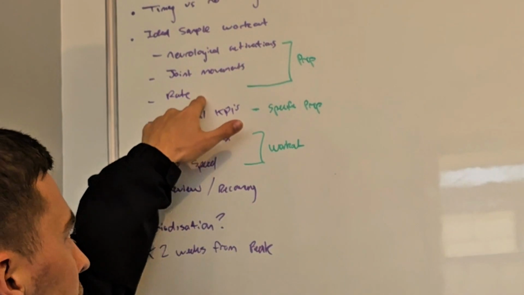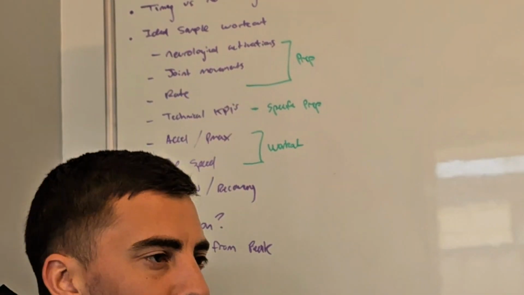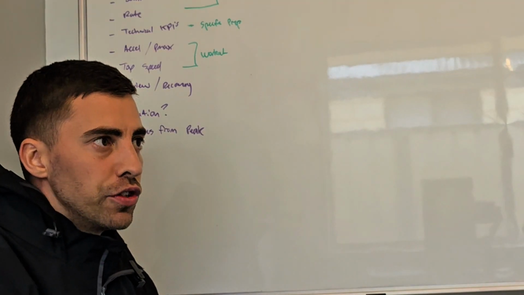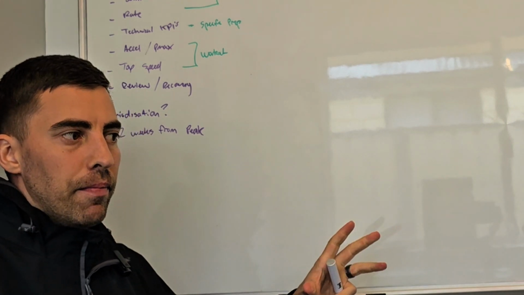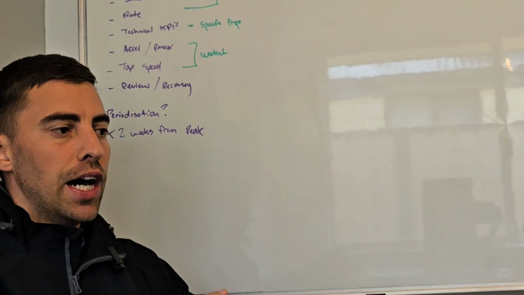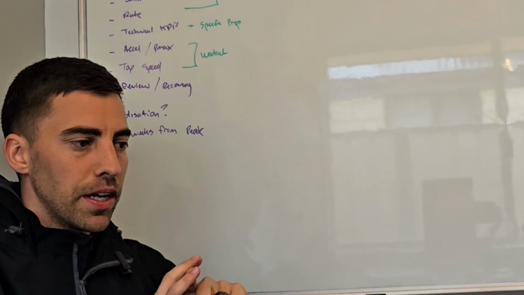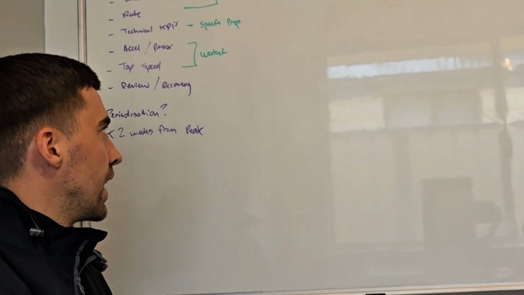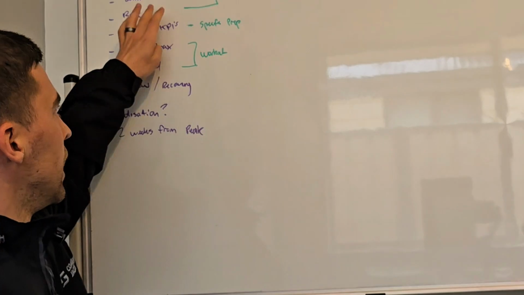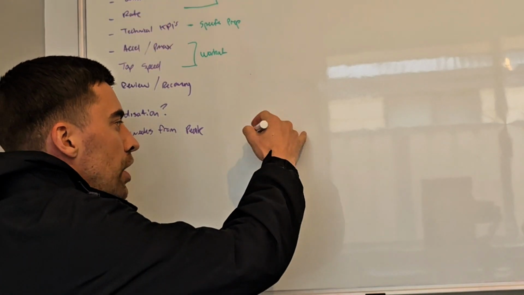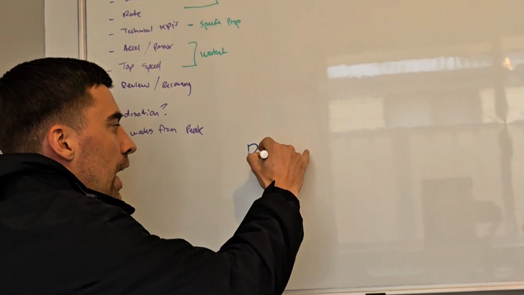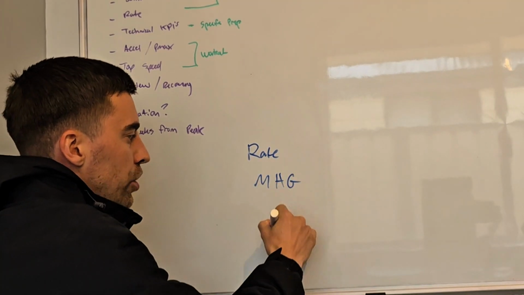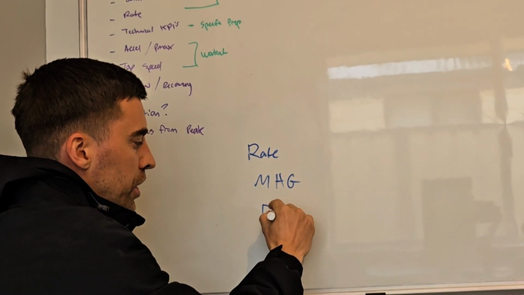And then, in terms of viewing training from a neurological aspect, which I prefer to do just because it makes sense as far as developing results across a range of different sports, what I would look at is rate. I call it rate because neurologically we adapt to training with rate, magnitude, or duration.